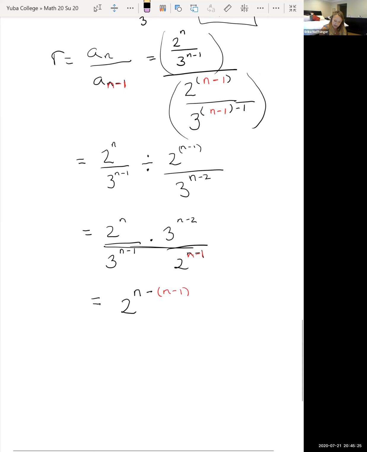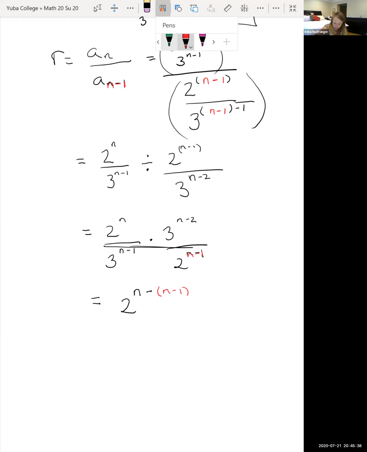And then we also have, so right here, we have the 3. So we have a 3 raised to the n minus 2 in the numerator. So let's look at that. So times 3 raised to the n minus 2 in the numerator. But we have base 3 in the denominator. So we can subtract off the exponent of n minus 1.